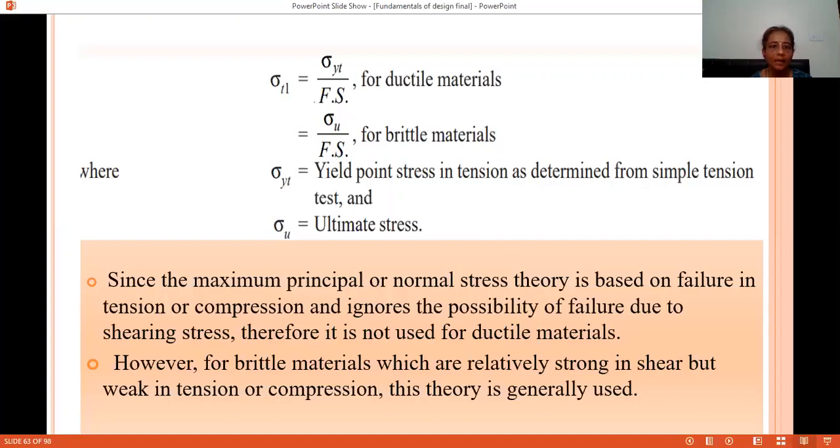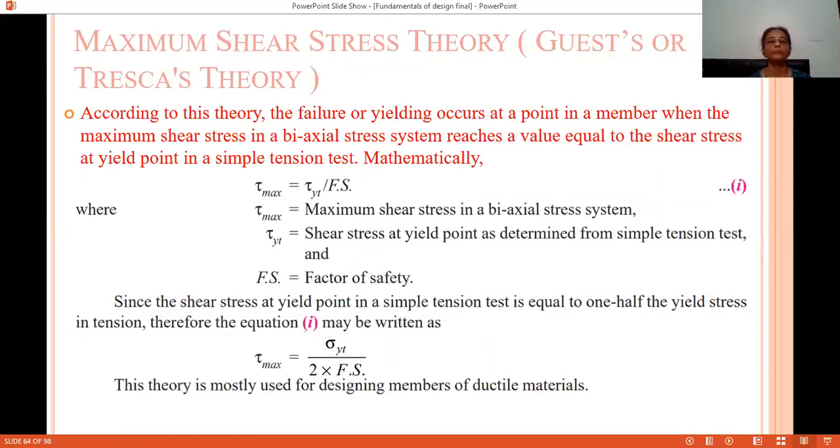As we have seen, the maximum principal or normal stress theory is based on failure in tension or compression. It ignores failure by shear. Therefore, this theory is not used for ductile materials, but it is preferable for brittle materials.